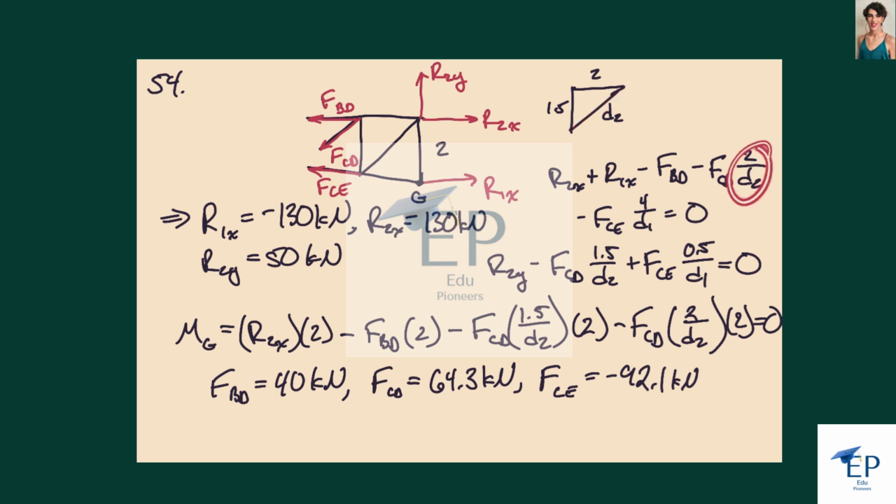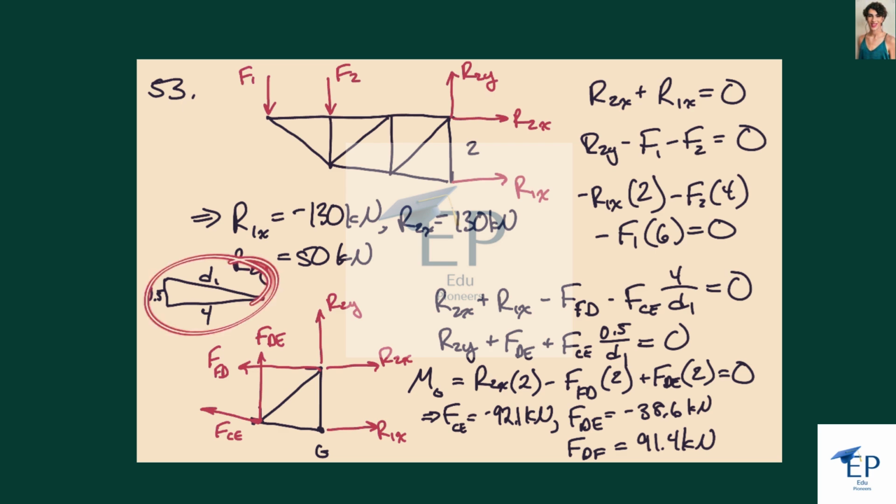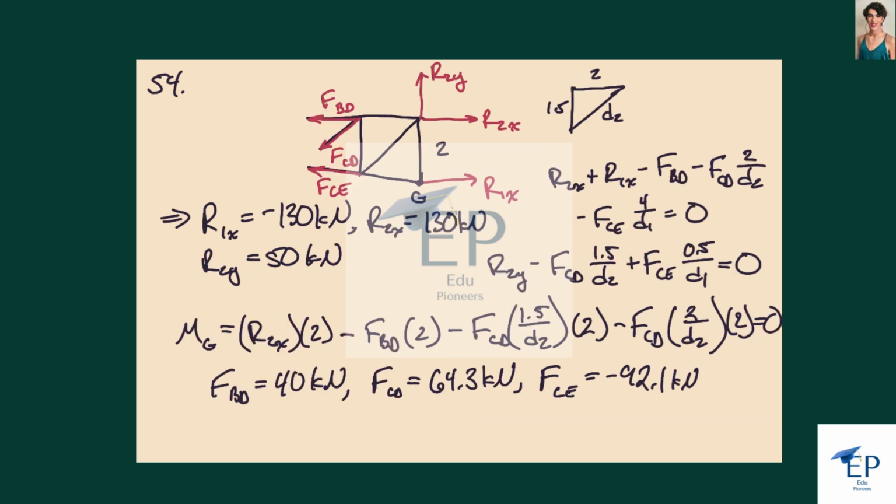So the x component is 2 over d2, and then the x component of FCE is FCE times 4 over d1 from the previous problem, from this triangle here. And in the y direction, we have R2y, and then the y components of these two guys, which are these, and again using our triangles from before.